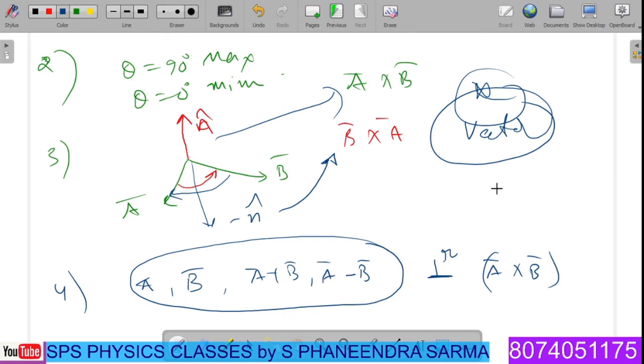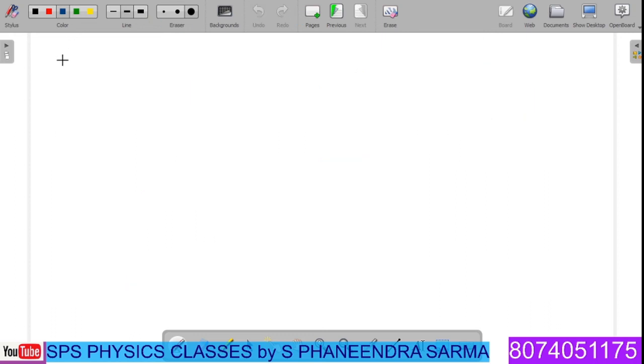And further, we have to remember some important instructions on vector differentiation and vector integration problems. Let us see in the shortest way. Now, let us consider that we need to differentiate with respect to time two vectors a bar and b bar, where a bar and b bar are time dependent vectors.